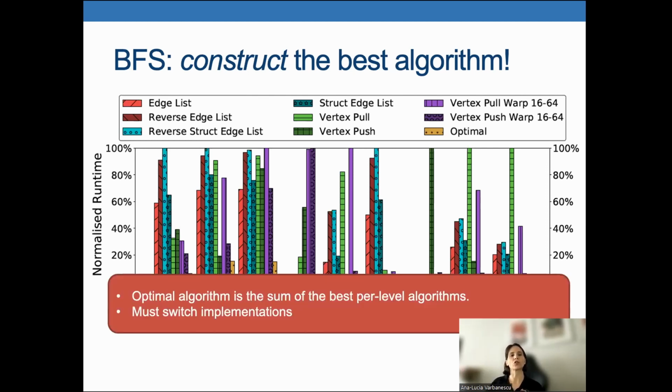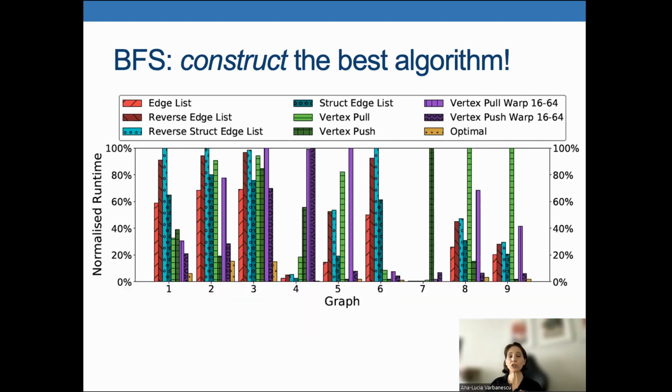So basically what you see in this graph is that this optimal constructed version, which is this stitching of the best at every level, with Oracle predictions based on measurements of what is the best version, is pretty much winning at all times. The only times when it's not winning is when there is no change, so the same algorithm stays the best in the full graph, and the fact that you're stitching things up gives you some overhead.